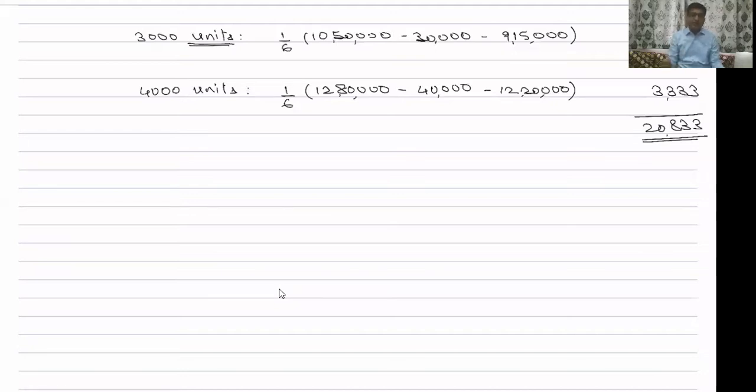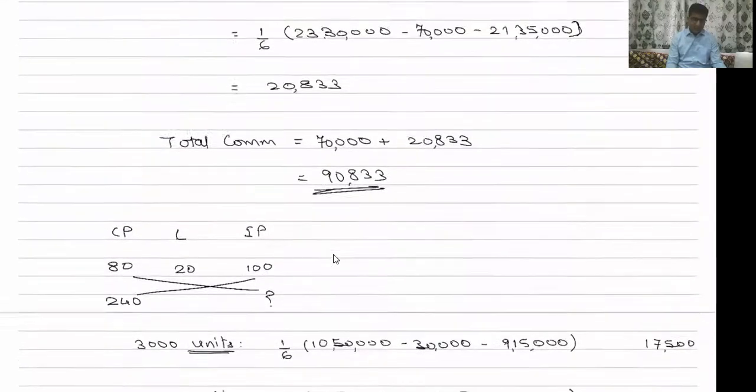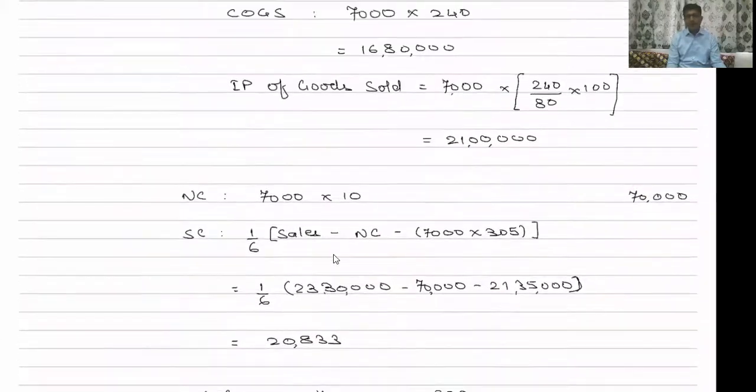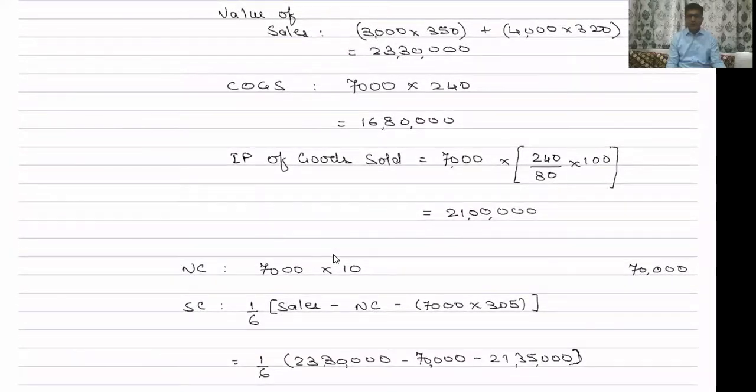You have to only give commission to consignee. Yes, fine. Yes, special commission will be given only if the sales value less normal commission exceeds 305. If it does not exceed 305, then no special commission. Vedika, which part you want to see up?